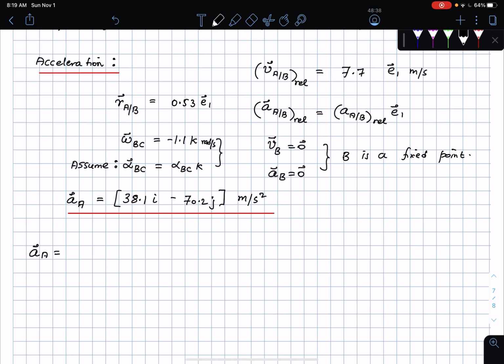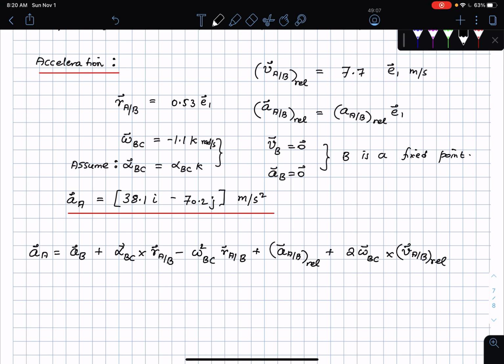Acceleration of A is acceleration of B, plus alpha of BC crossed with R A slash B, minus omega square BC times R A slash B, plus A slash B relative, which is not 0 anymore, and then this term, 2 omega of BC crossed with V A slash B relative.